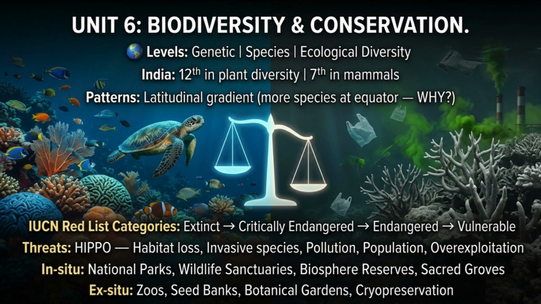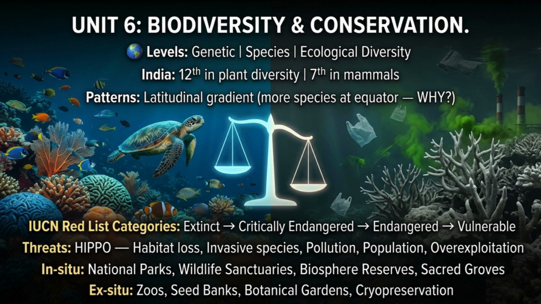We arrive at the most philosophically rich part of today: biodiversity and conservation. Biodiversity exists at three levels: genetic diversity, variation within a species; species diversity, number and variety of species; and ecological diversity, variety of ecosystems.